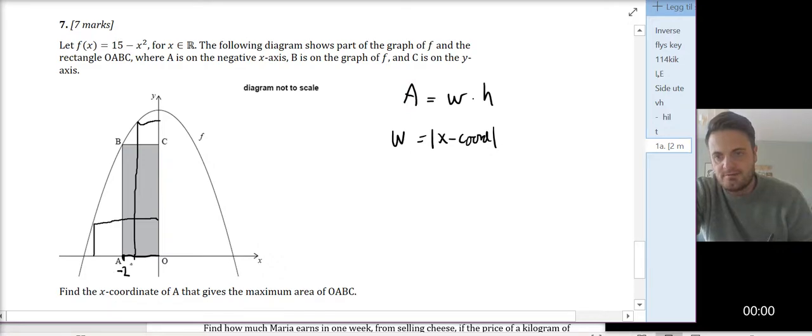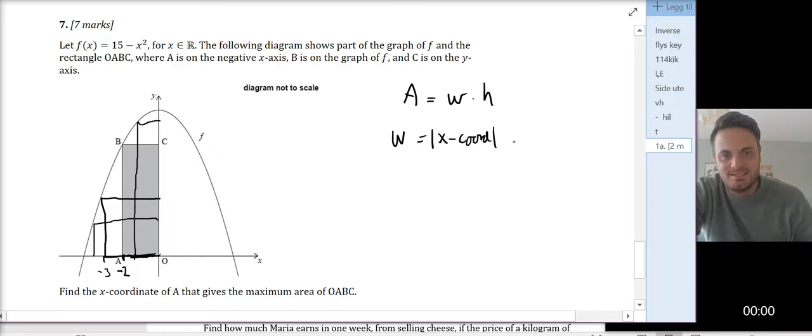For A, if A is on -2 here, we know that the width there is 2. If A is on -3, the width is 3, like this.